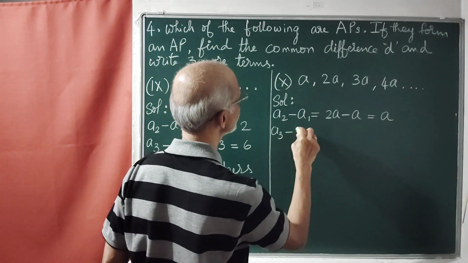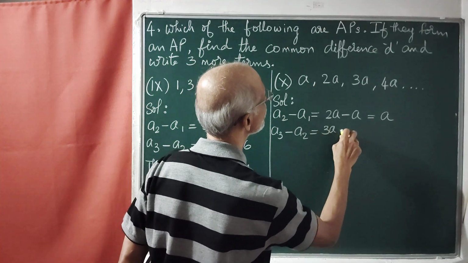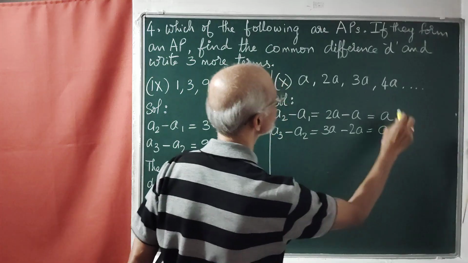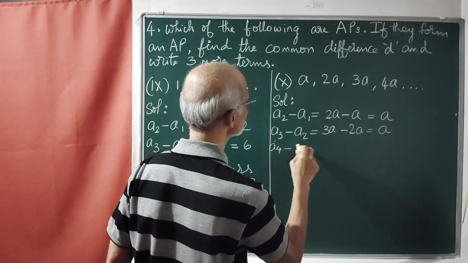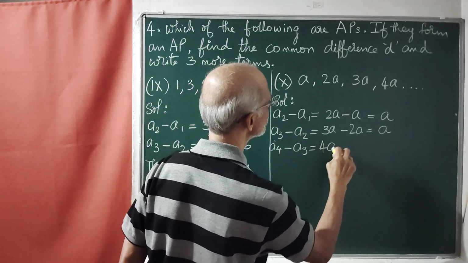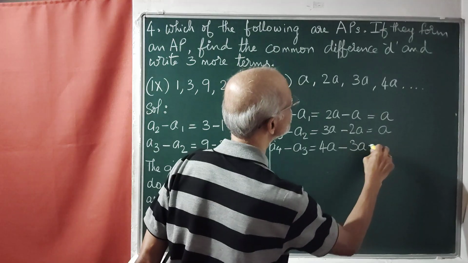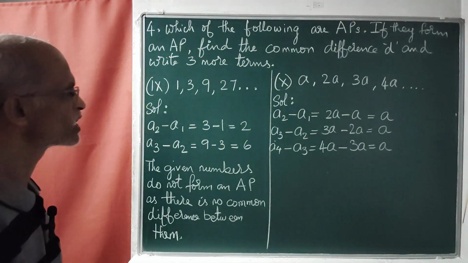A3 minus A2, 3A minus 2A. Again we get A. A4 minus A3. That is 4A minus 3A. We get A. So there is a common difference.